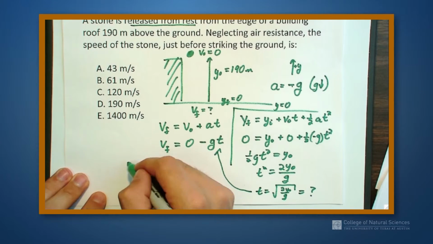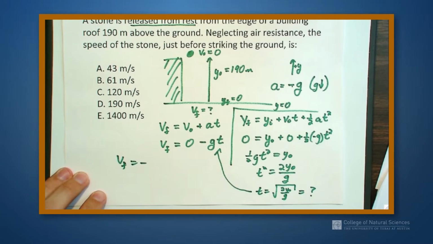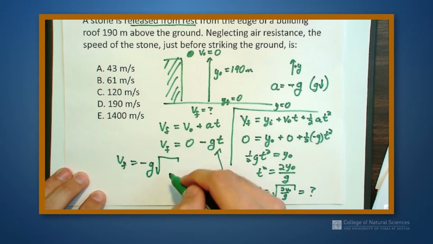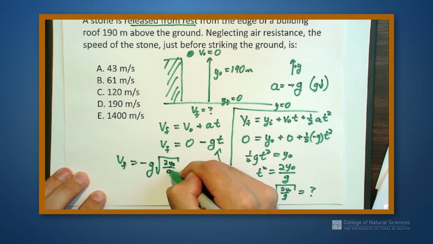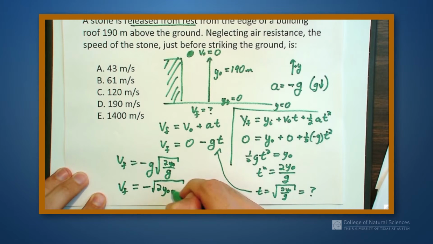So I'm going to substitute this in. I'm going to get that the final velocity is equal to minus g, and now what is t? Well, t is the square root of 2y naught over g. A square root and a regular value, these two can be reduced. The final velocity is minus the square root of 2y naught times g.